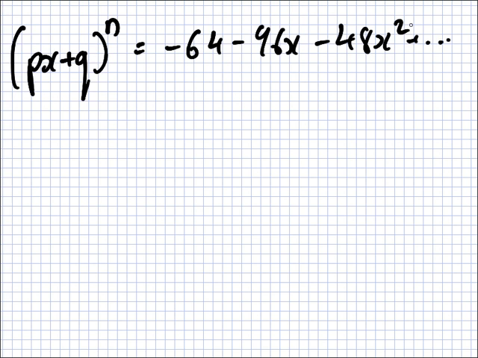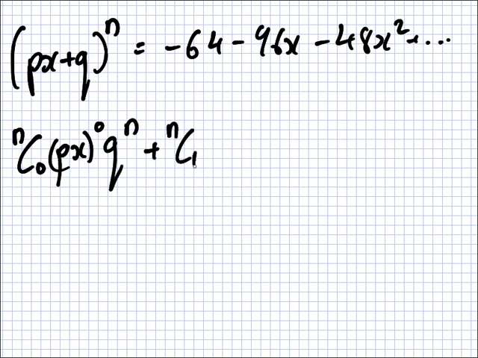Page 34, 5A. Now, we know if we expand on the left, we get nC0, and we can do the px first, (px) to the power 0, q to the n.